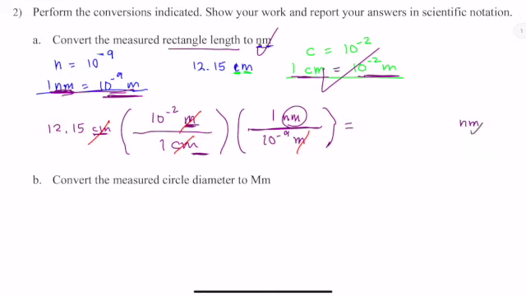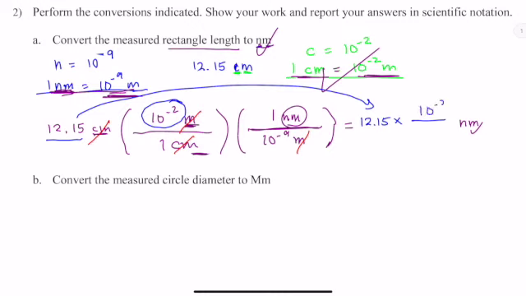Now you can go to the calculator, but I actually don't need to calculate most of these. I have this number, 12.15, which I'll carry over to here, 12.15, and then times 10 to the minus 2, that's on the top of the fraction. The 1 and 1 I don't need, but 10 to the minus 9 goes on the bottom of the fraction. Now I have these powers of 10 with the exponents.